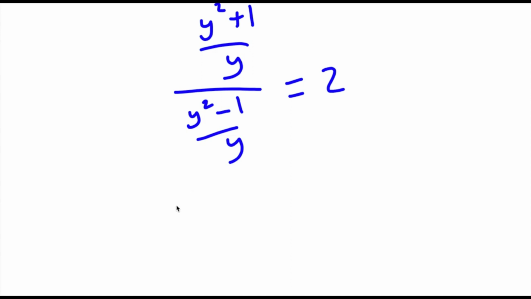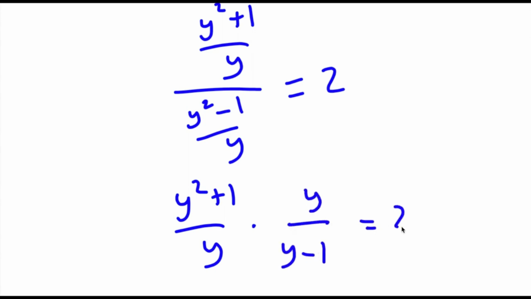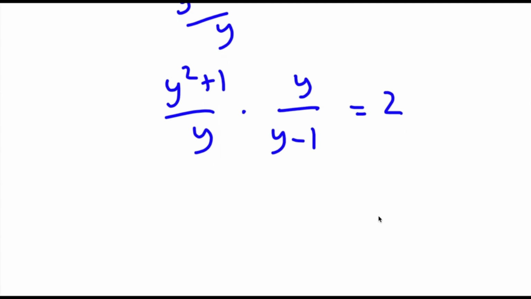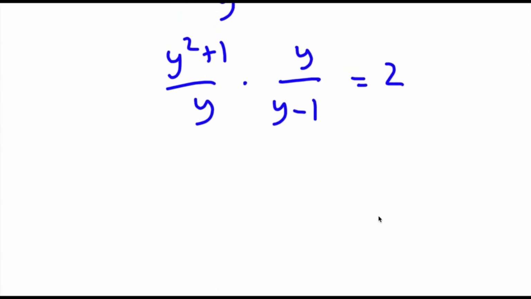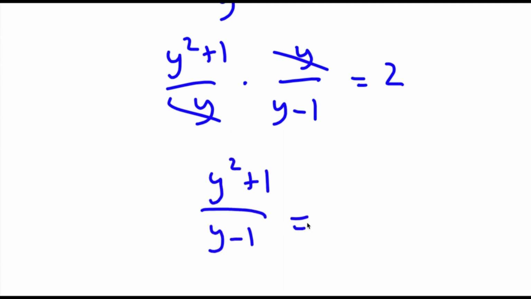Now this is the same thing as y squared plus 1 over y times y over y squared minus 1 is equal to 2. Now, these two y's will simply cancel out, so all I'll be left with is y squared plus 1 over y squared minus 1 is equal to 2.